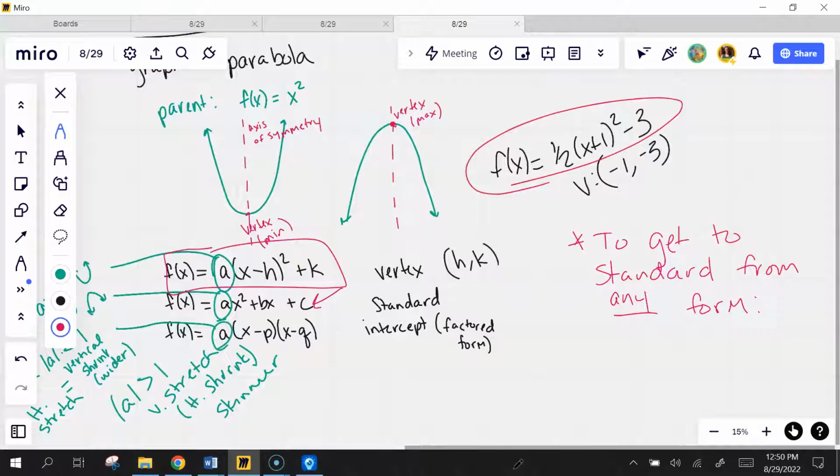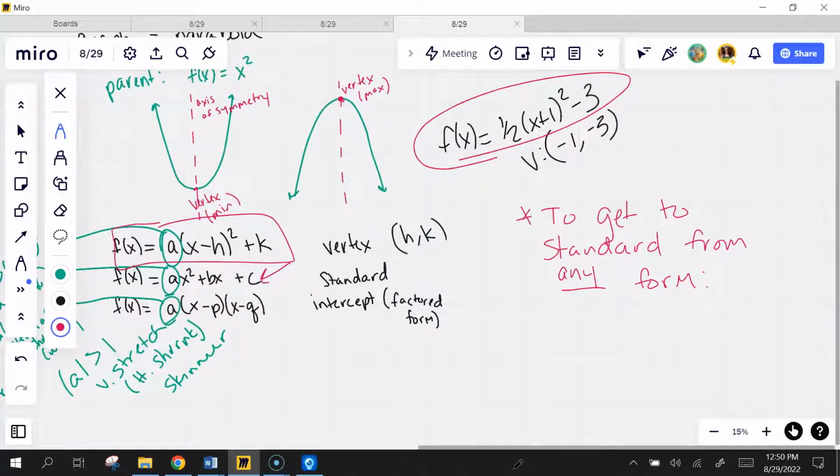I can't distribute that exponent, so I'm going to have to FOIL. So I didn't plan on spending time on this, but if y'all need it, that's okay. Y'all have to tell me when you haven't seen something or you don't know or whatever. I know we hit this in Algebra 2.